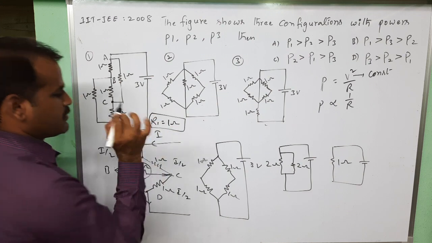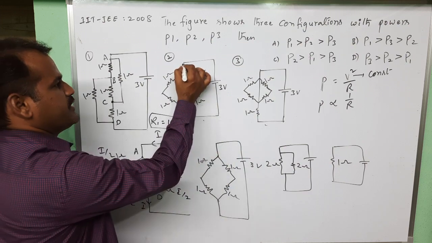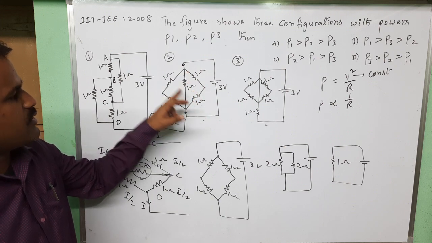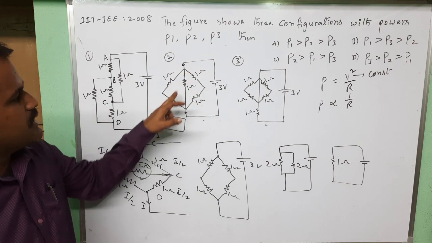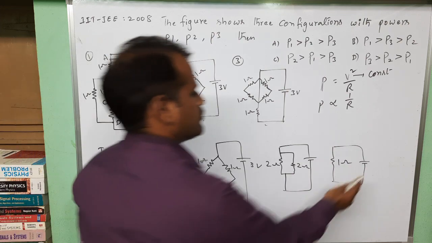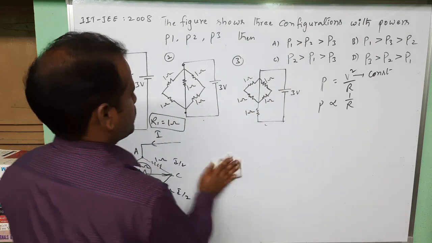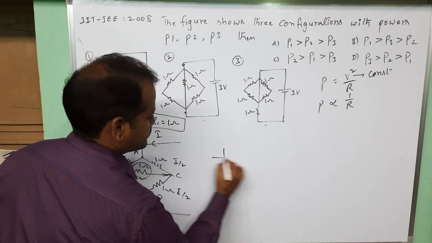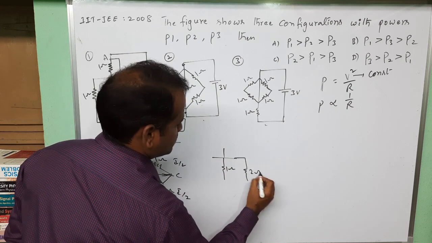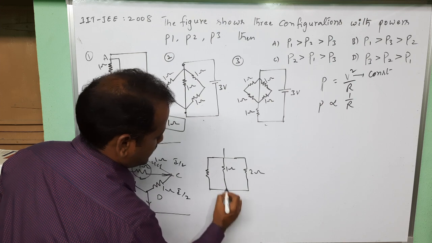Similarly, let us find the equivalent resistance between these two terminals for the second configuration. Here 1 ohm is in series with 1 ohm, here 1 ohm is in series with 1 ohm, and here 1 ohm. These three are in parallel. So this is a 1 ohm resistor and two 2 ohm resistors.